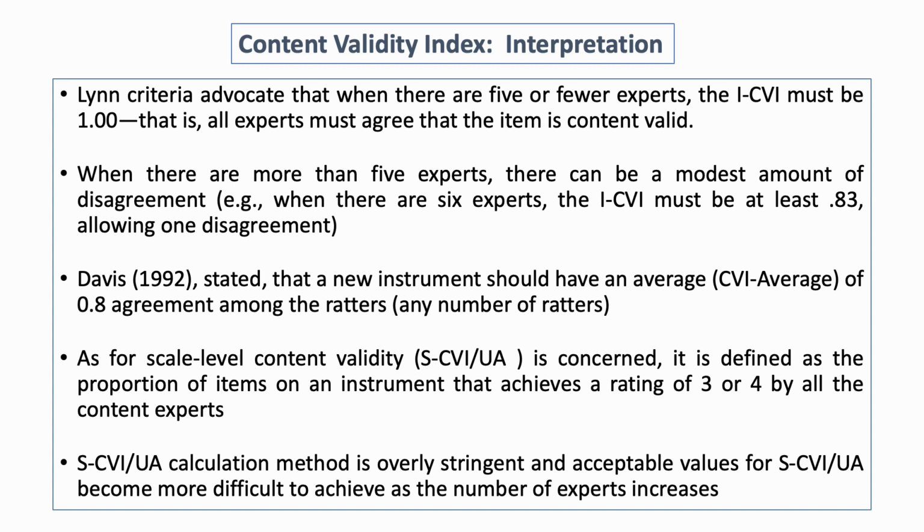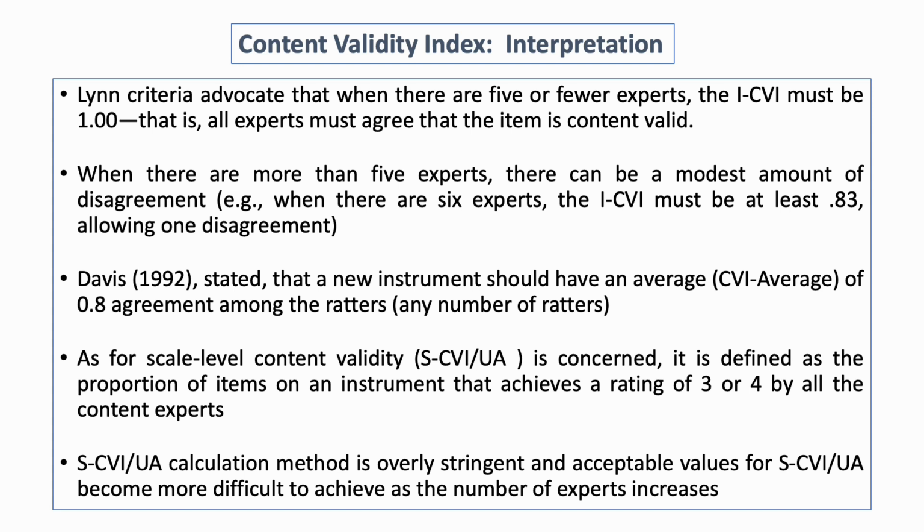But in interpretation, you must also state whether you are referring to the Lynn criteria or a modification by Davis. That is important for the journal admin and also for the readers. As far as scale level content validity is concerned, it is defined as the proportion of the items on an instrument that achieves a rating of 3 or 4 by all the content experts.